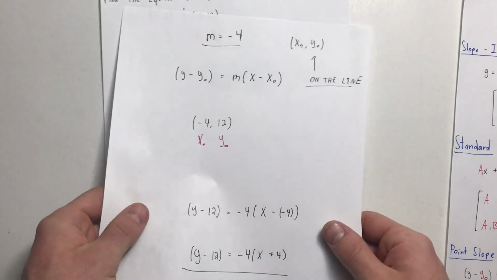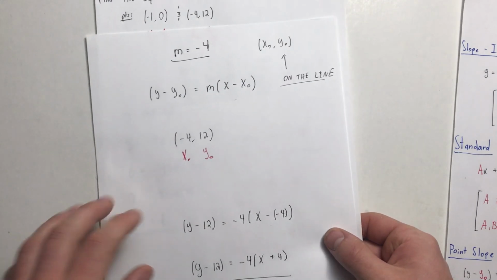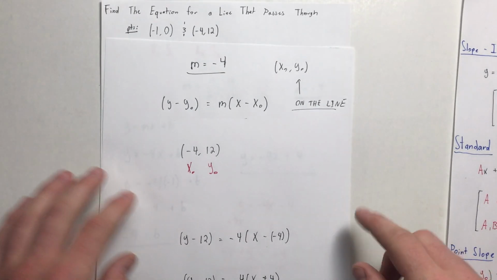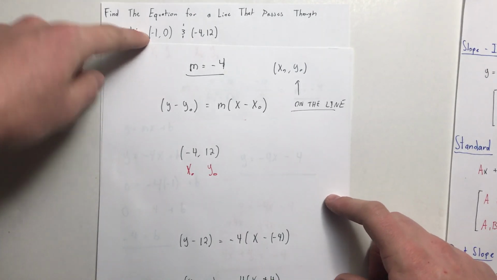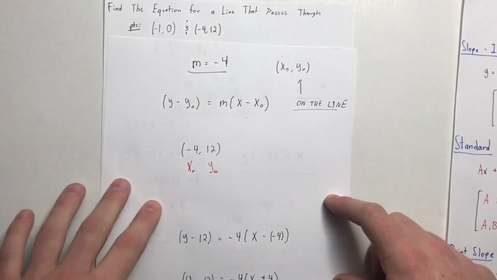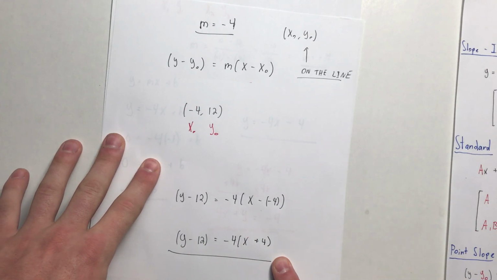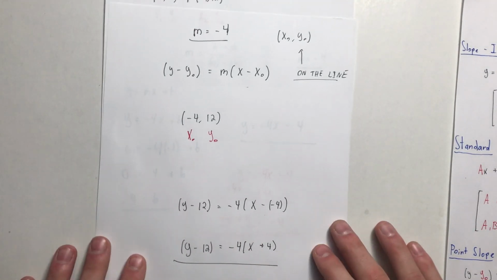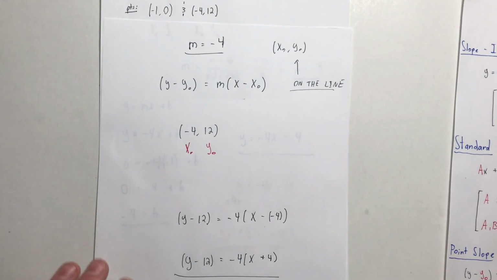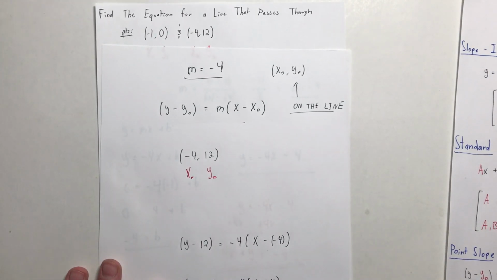And then the last thing we did was we took our original statement of the problem, took our slope, we picked one of these points, and we arrived at our point slope form. So stay tuned for some more examples, but that's kind of the first basic example that you'll probably see.